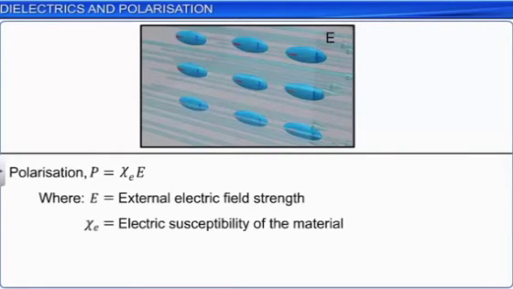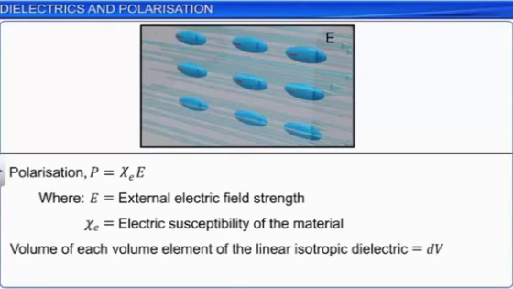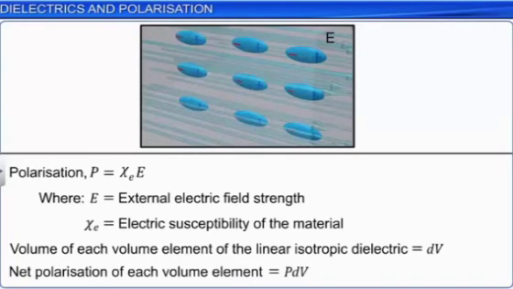Now each small volume element of the linear isotropic dielectric having a volume dV has a net polarization equal to P dV due to all the dipoles in it in the direction of the uniform electric field.